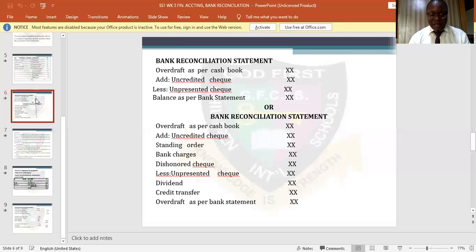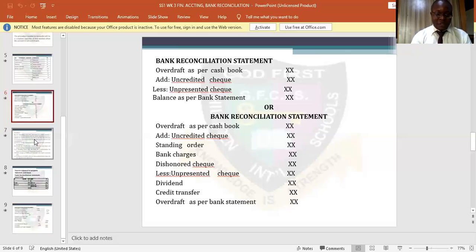So add everything together with the balance of overdraft as per cash book, then less unpresented check. Then we have dividend, credit transfer. Then at the end of the day, subtracting from the balance, you arrive at overdraft as per bank statement. So this is the format of this topic, the bank reconciliation statement.